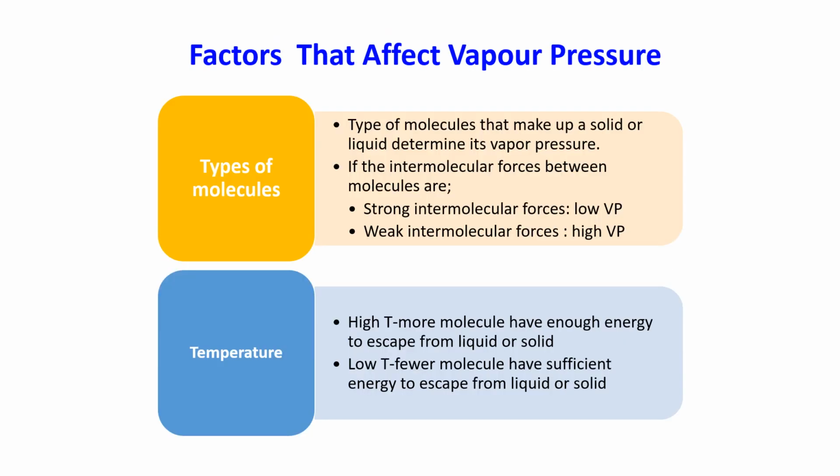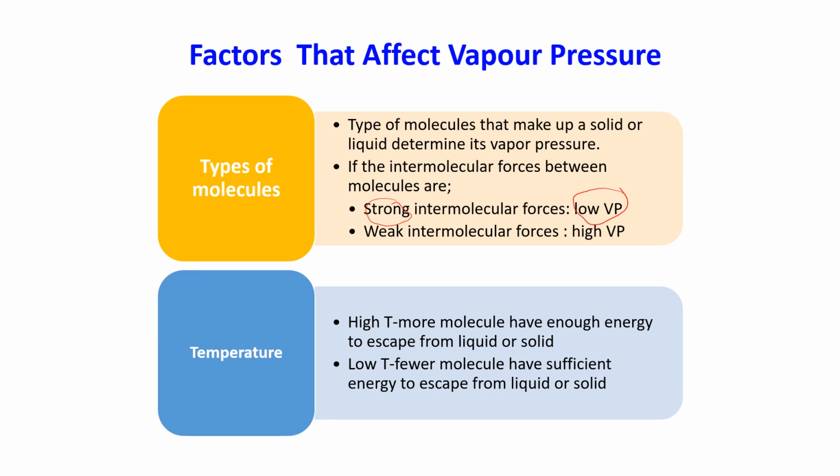There are several factors that can affect the vapor pressure. The first one is the type of molecules that make up a solid or liquid in determination of its vapor pressure. If the intermolecular forces between molecules are strong, we will have low vapor pressure.